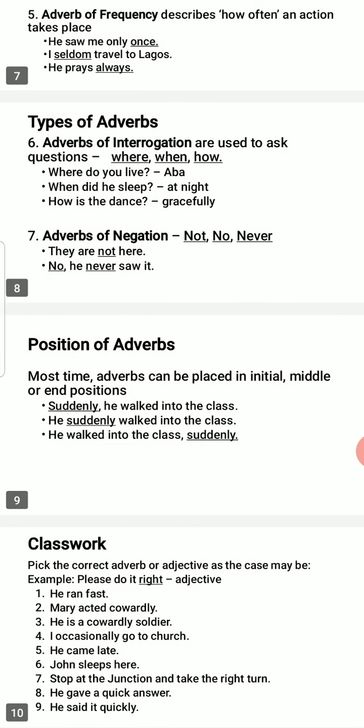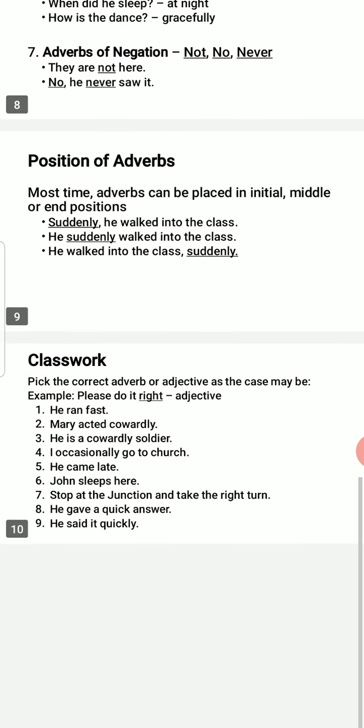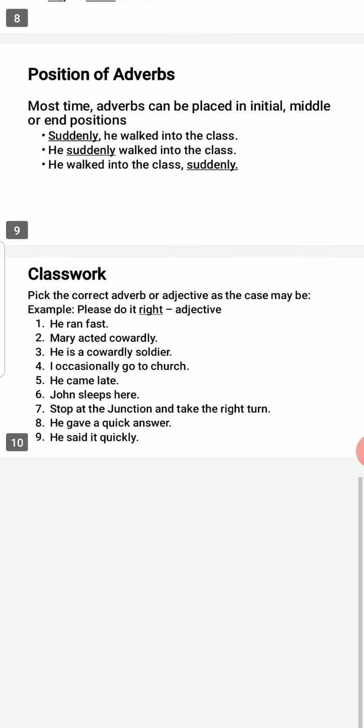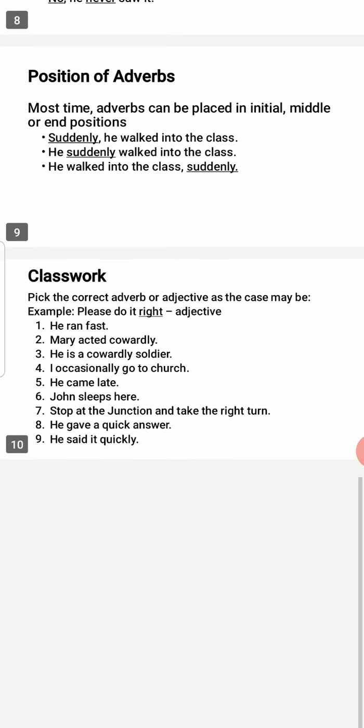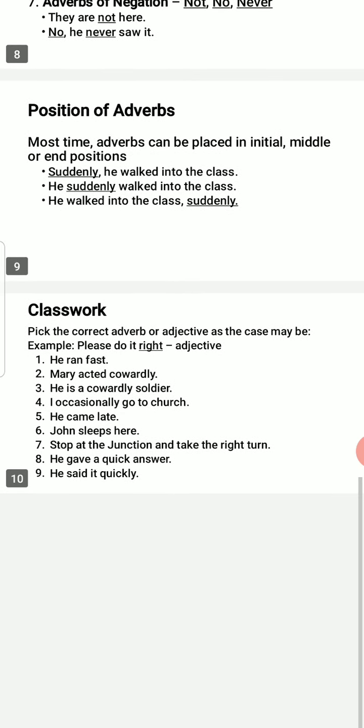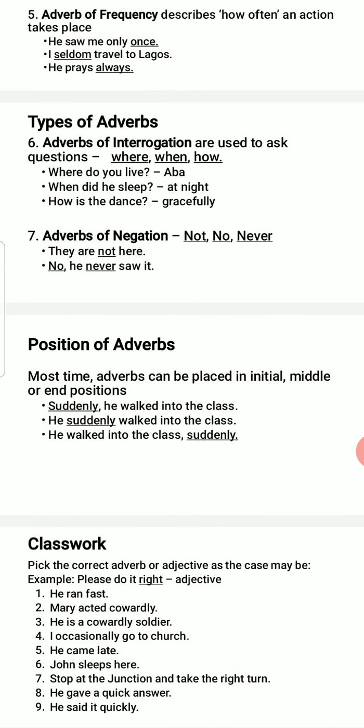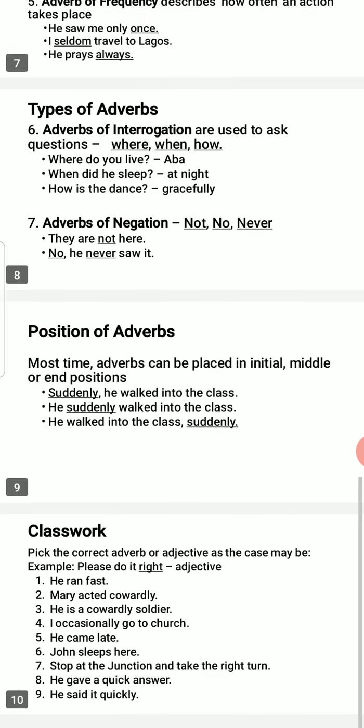We have come to the end of this lesson, and I have some work here for you to do for me. They are just about 9 in number, and I have an example there for you. I want you to pick out the correct adverb or adjective, as the case may be, in the following sentences.